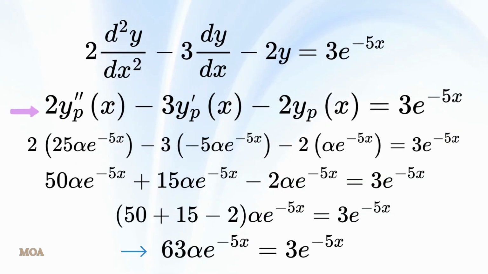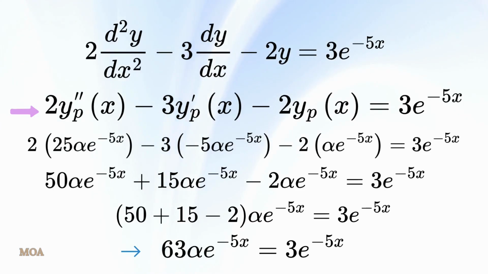Now substitute these expressions into the left-hand side of the original second-order differential equation: 2y_p'' - 3y_p' - 2y_p. This gives 2 times 25α e^(-5x) minus 3 times -5α e^(-5x) minus 2 times α e^(-5x).